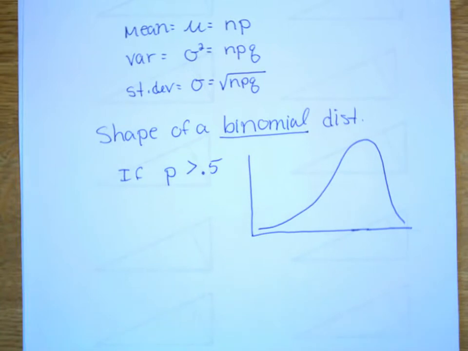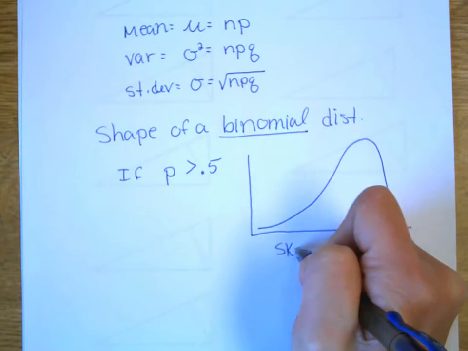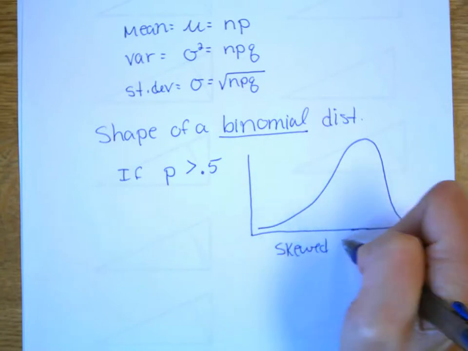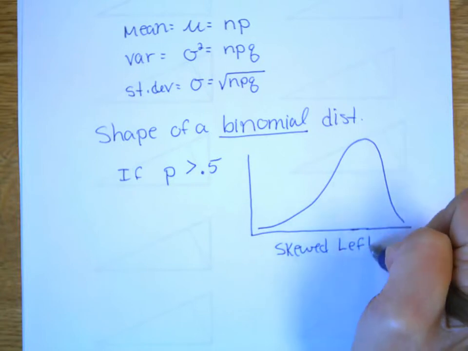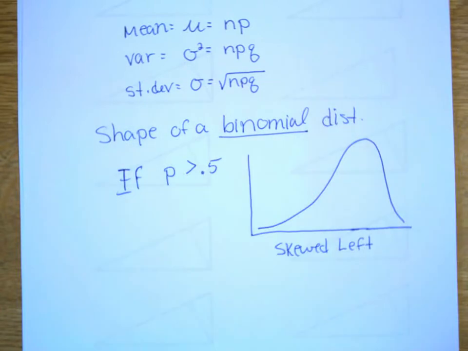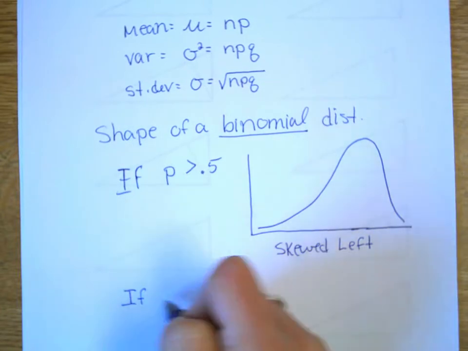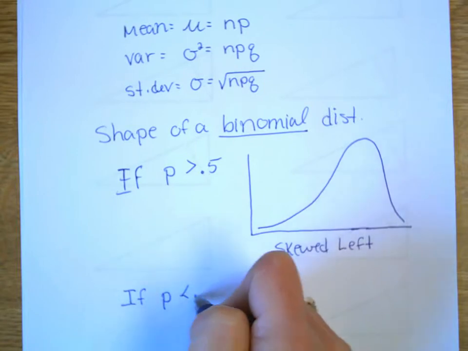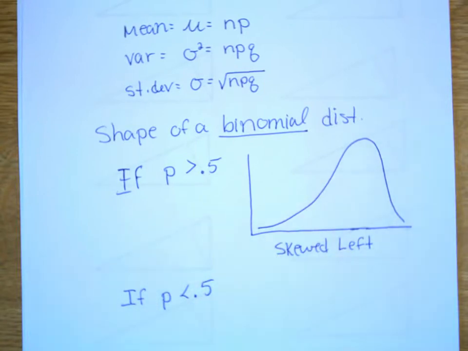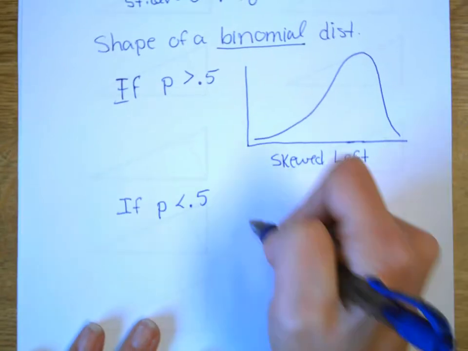What do we call that shape? Skewed left. Remember, it's where the tail is at. If the probability is less than 0.5, we expect fewer successes because the success rate is smaller.